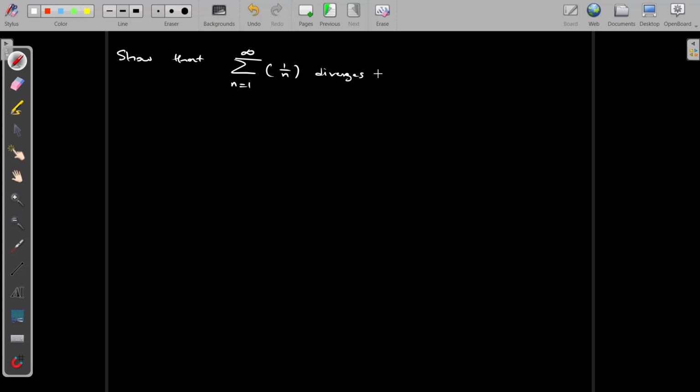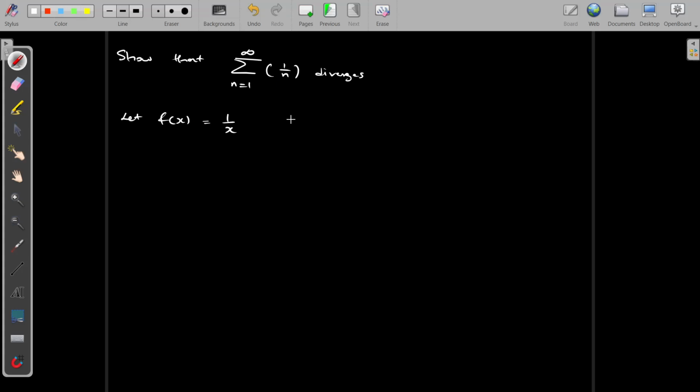In a given question like this, what we have to do is to change this as a function of x. So we can say let f of x be equal to 1 over x. So basically, we're changing out the n with x.